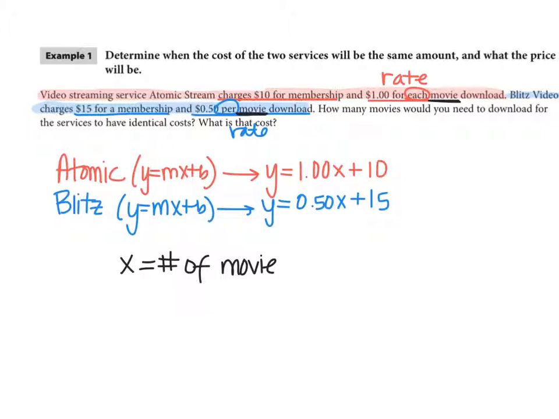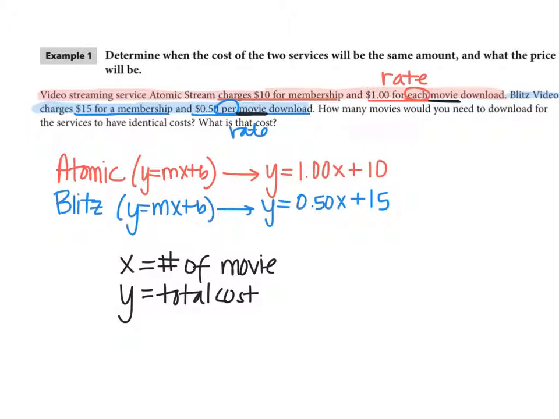Notice that that's for the number of movies because it says each movie, and that's what is with my rate value in each of those equations. And then y would be, just think about what this is even asking. If I knew how many movies they downloaded, I'm trying to figure out how much money they're spending. So y is going to be the total cost.